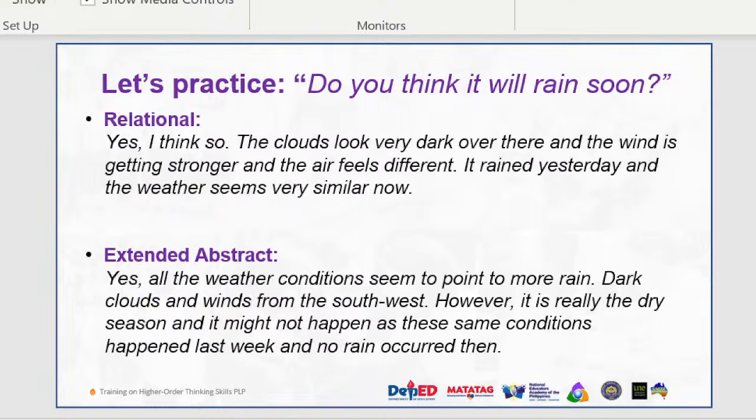The relational answer is yes, I think so. The clouds look very dark over there, and the wind is getting stronger, and the air feels different. It rained yesterday, and the weather seems very similar now. Look at those data.